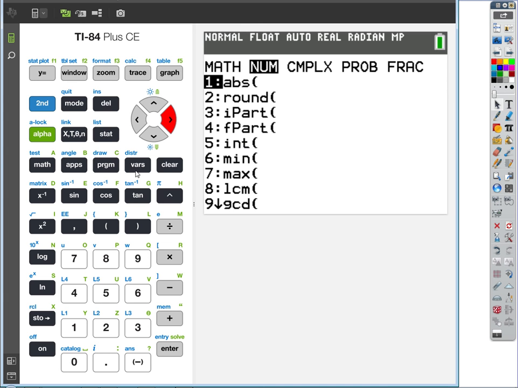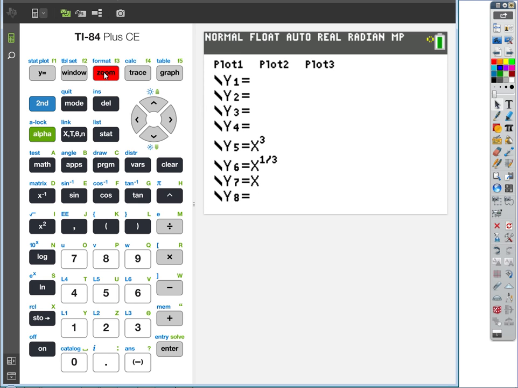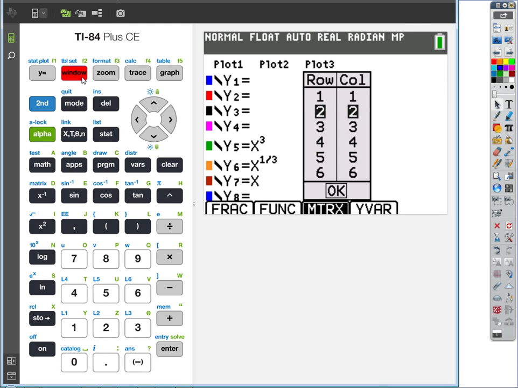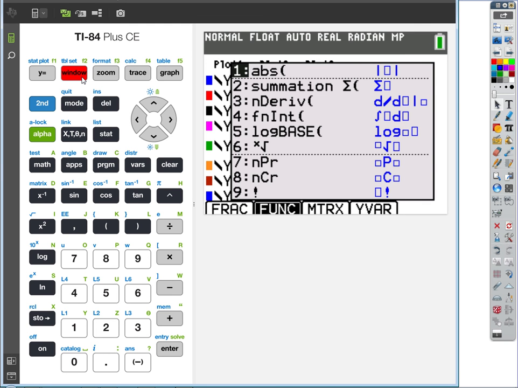And then I also think there's even a shorter shortcut. If you go alpha F2, oh no, that probably won't do it. I'm sorry, I've only got one shortcut for you on this one. There is no alpha shortcut.